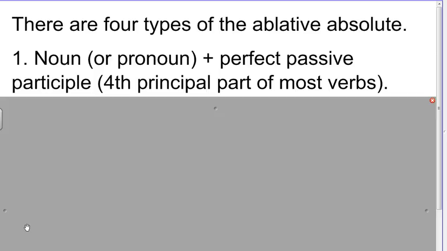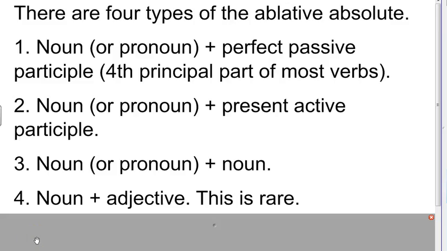Bello confecto: the noun bello was in the ablative case. Confecto is indeed the fourth principal part of conficio, and it too is in the ablative case. Together, they provide an example of what I think is the workhorse of the ablative absolute and probably accounts for 85% of the ablative absolutes that you will see.